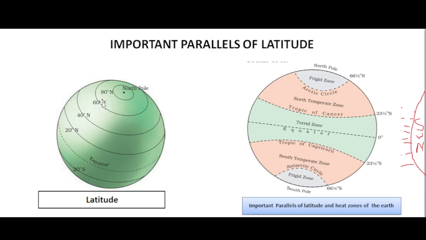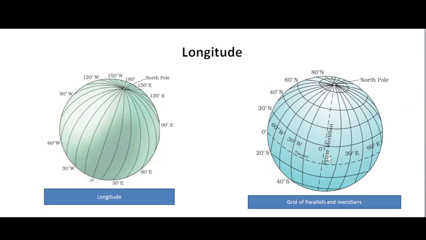Okay, so these are the lines. These are called parallels of latitude. So this is a diagram. This helps to understand the parallels of latitude and meridians of longitude.